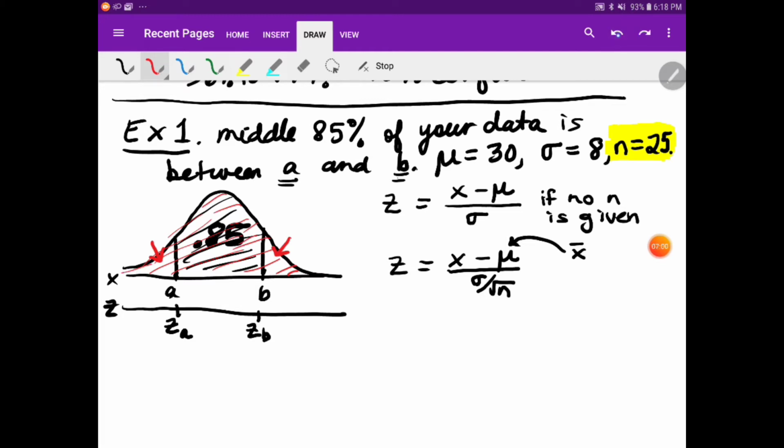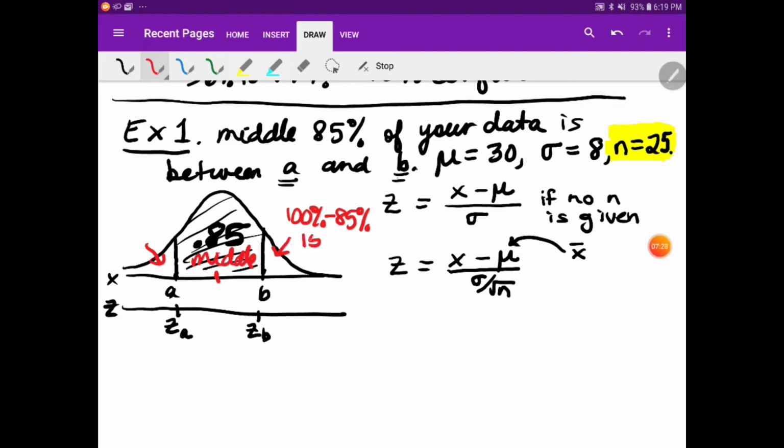So if I want this space at the edges, you have to think of what you want here. So what would you do for that? Okay, so I'm thinking 100% minus 85% is both edges, but they're equal because I want the middle 85%. So I want the A and the B to be equally spaced from the mean.